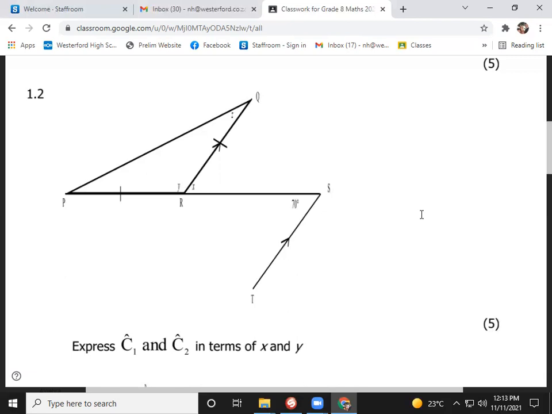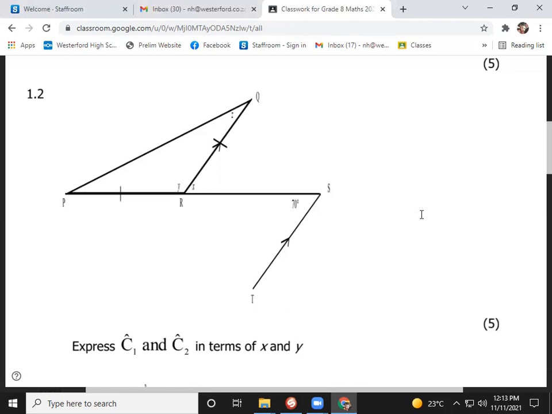So that angle is Z, this one also has to be Z. Right, is that fine? So Z plus 110 should equal 180. All right, so Z plus 110 equals 180. What's the reason?